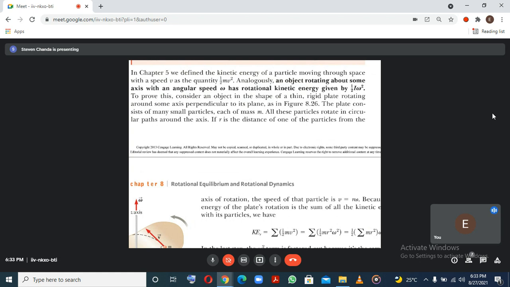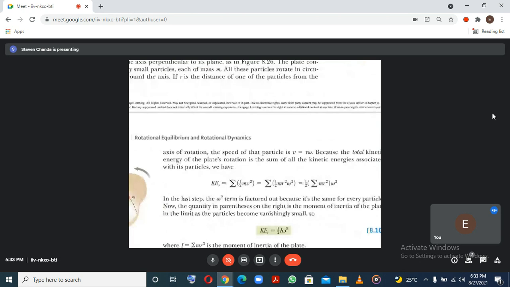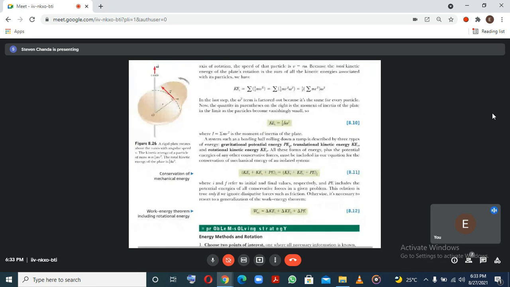So what does this tell us? If you are looking at a mass like the one on the far left, when we pick any point on this rotating object to find the rotational kinetic energy, we have to find the kinetic energy of all the points we are looking at, and then add them.